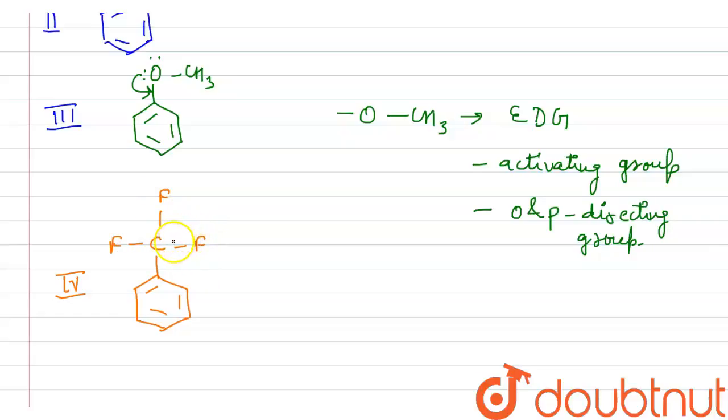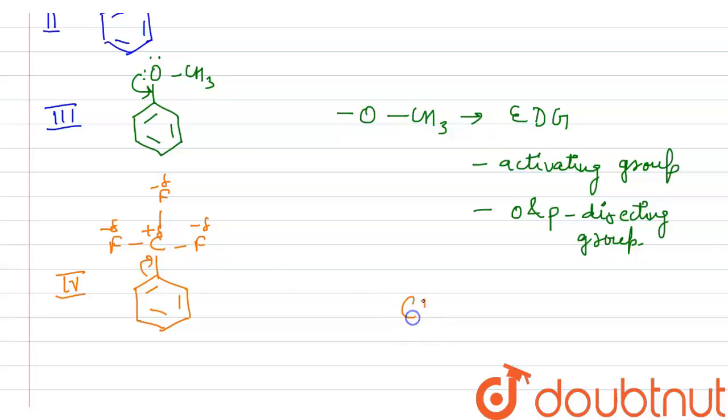Therefore, it will attract electrons towards itself, and it will create a partial positive charge on the carbon atom and a partial negative charge on itself, right? So in return, carbon will have a partial positive charge, so it will withdraw electrons from the benzene ring here, and it will decrease the electron density over the benzene ring.